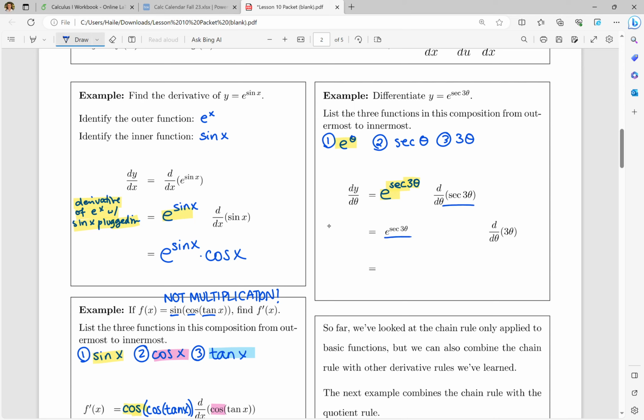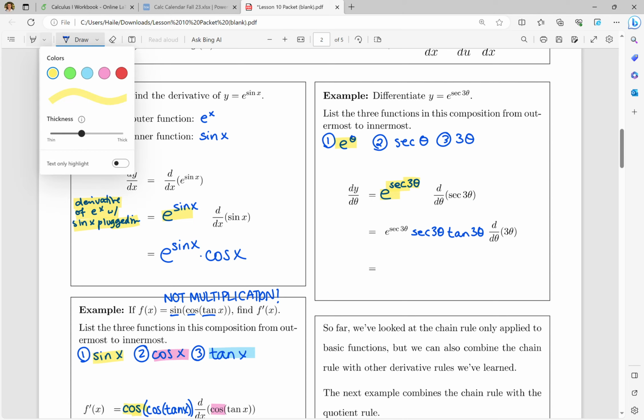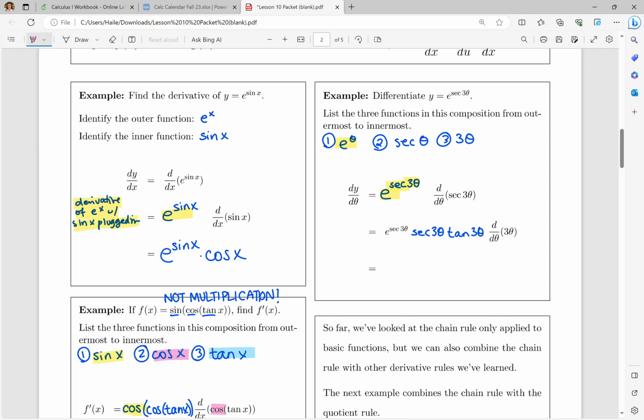So we keep that e to the secant of 3 theta the same, and we multiply by the derivative of secant, which is secant tangent, but inside of that function, I want to put that inner function, 3 theta. So I have secant of 3 theta, tangent of 3 theta. And so just to clarify, let's highlight where that middle layer is coming in. So that secant of theta comes in here, and we take the derivative of that right there.